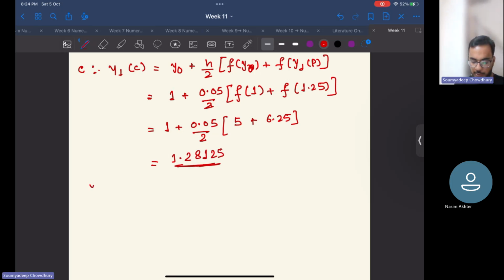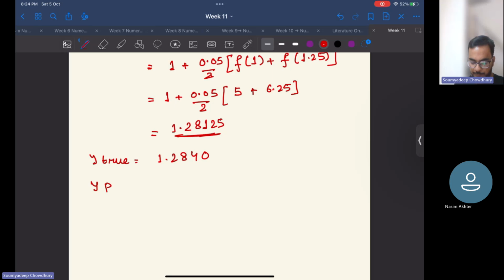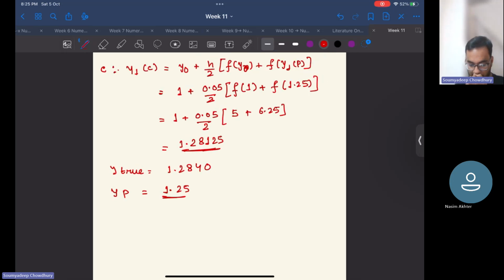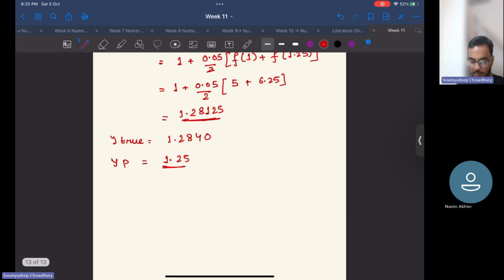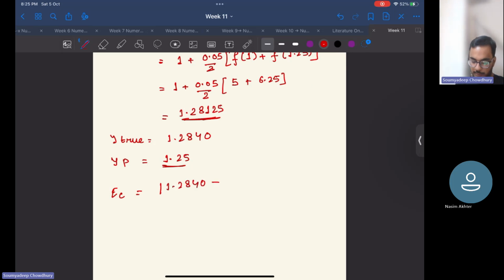What was your true solution? 1.2840. And your predicted was 1.25. So you can see here that your corrected solution, that is the y1 corrected, is much more accurate compared to the y predicted. It is much nearer to your true solution. So what is your error in the corrected method? 1.2840 minus 1.2815 by 1.2840.